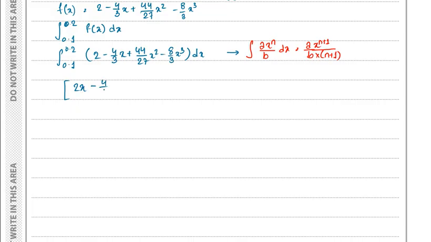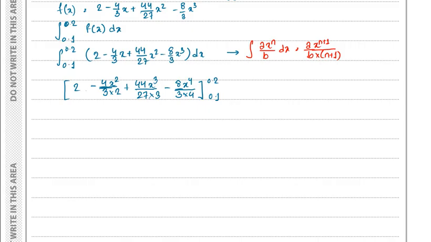Minus 4 by 3, which is a by b, will remain the same, and this is x to the power 1, so this would be x to the power 1 plus 1, so 2, multiplied by, in the denominator there will be a 2 as well. Plus 44 by 27. This n is 2, so n plus 1, 2 plus 1 would be 3, multiplied by 3 in the denominator as well. 8 by 3, the a by b would remain the same. Here n is 3, so 3 plus 1 is 4, so this would be 4, with limits 0.2 and 0.1.